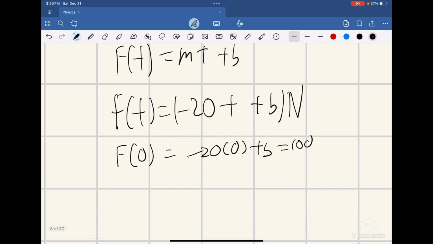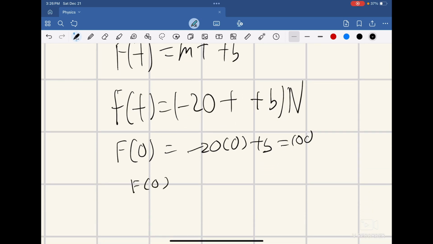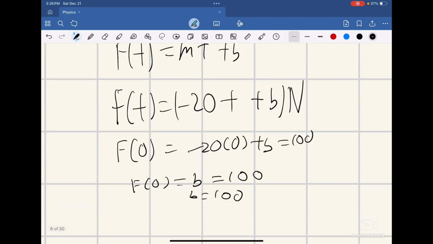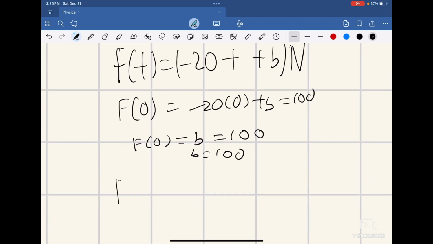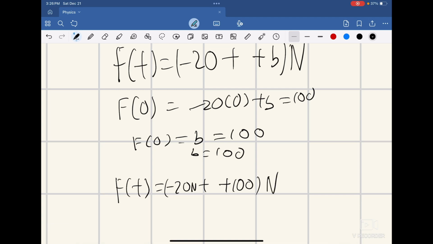So F(0) is equal to b, which is equal to 100. Therefore, b is equal to 100, and now we have b and m. So we have the function F(t) is equal to negative 20t plus 100 newtons. The negative 20 should be noted as newtons per second, and the 100 should be just newtons. And that is our formula.